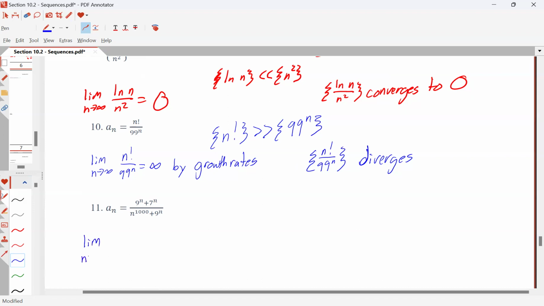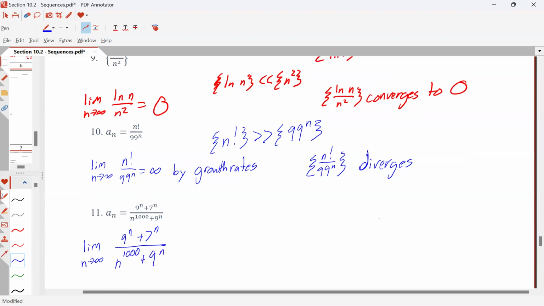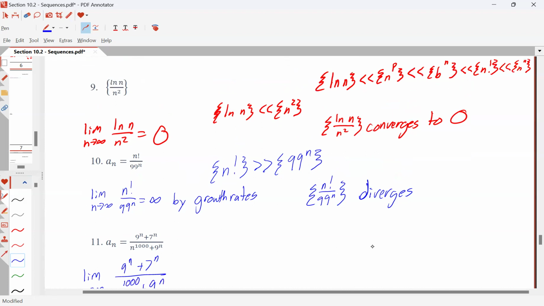So limit as n goes to infinity of 9 to the n plus 7 to the n all over n to the 1000th plus 9 to the n. Using our growth rates, the item that grows the fastest here is the 9 to the n. It's the exponential with the largest base. The n to the 1000th, again, doesn't matter that it's 1,000, it's still a polynomial, so it grows slower than an exponential.